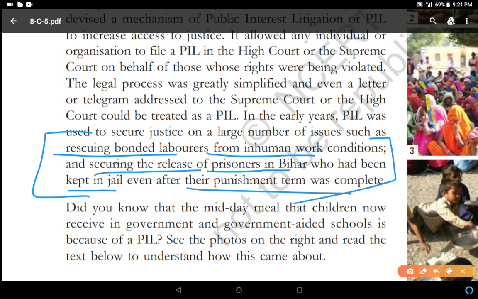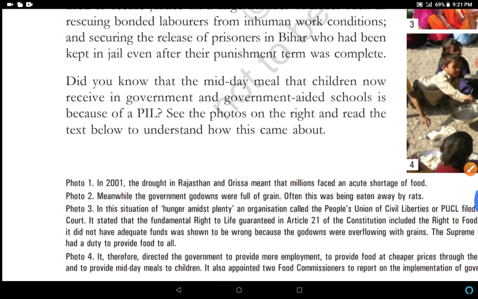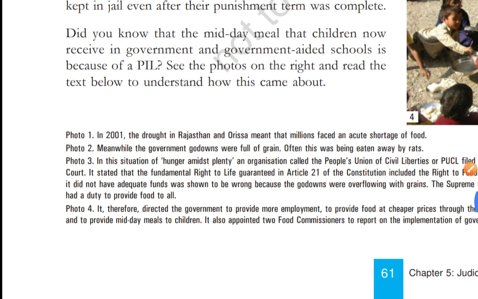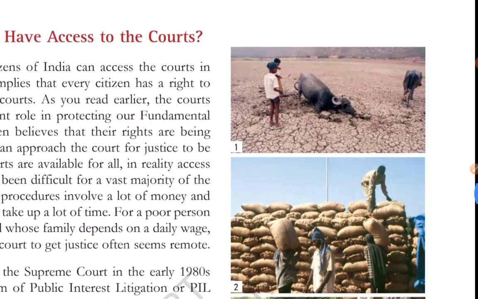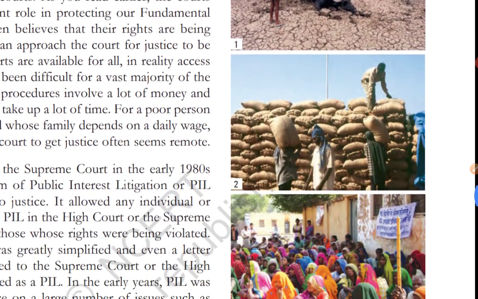Did you know that the midday meal that children now receive in government and government-aided schools exists because of a PIL? See the photos on the right and read the text below to understand how this came about. This is photo 1, this one is photo 2.